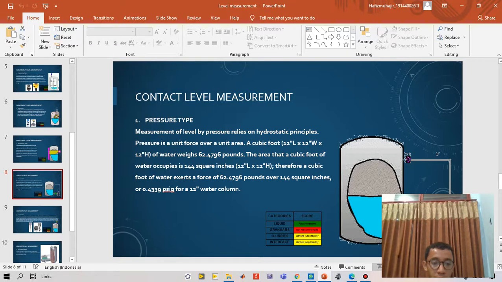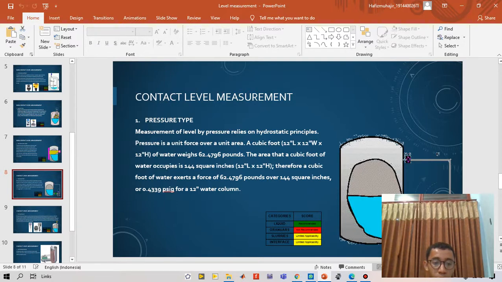Therefore, a cubic foot of water exerts a force of 62.4 pounds over 144 square inches, or 0.4339 psig for a 12-inch water column.